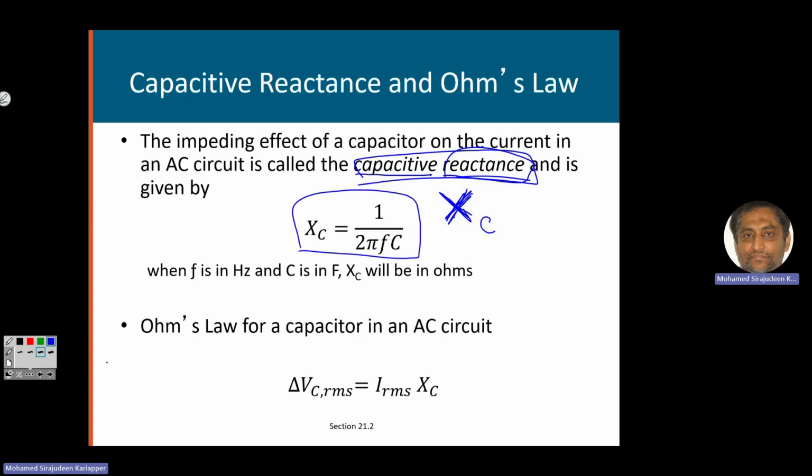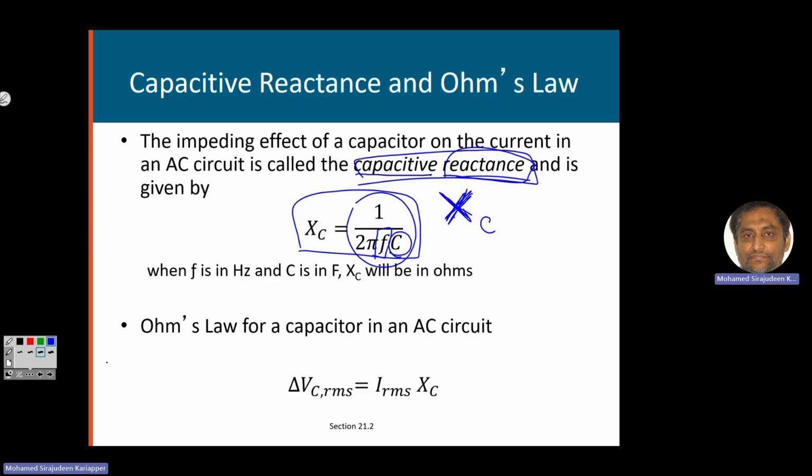The capacitive reactance depends on the capacitance. It also depends on the frequency of the AC source. When the frequency increases, the capacitive reactance will decrease. When the capacitance increases, it also decreases. It's an inverse relationship.